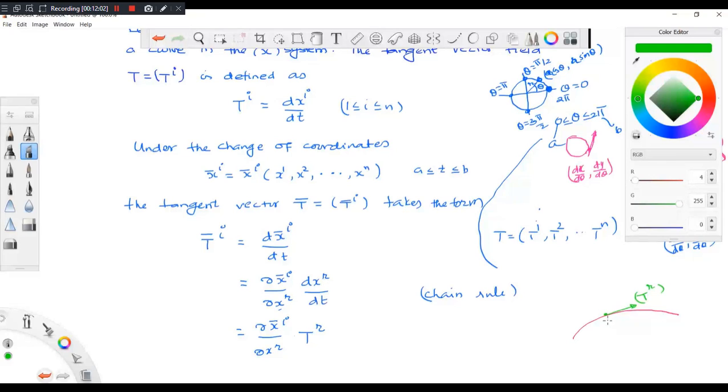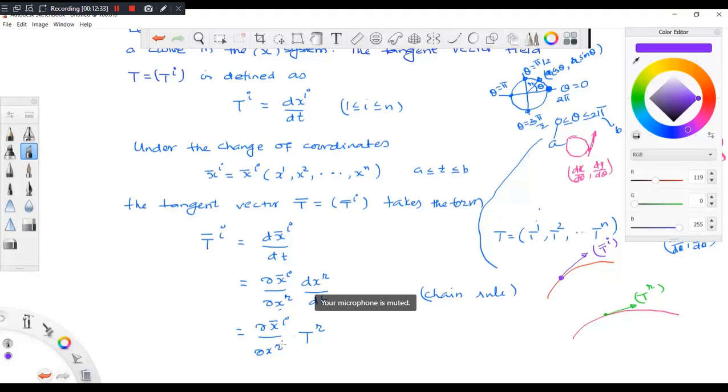In another coordinate system, the same curve is there, and it will have this tangent at this point, and this is T bar i. Then this tangent in this system and this tangent in this system are related like this.